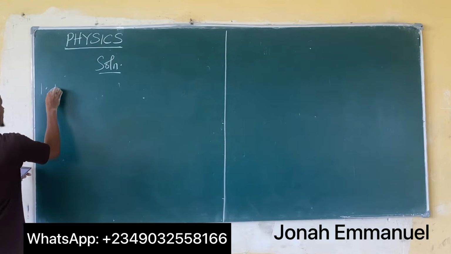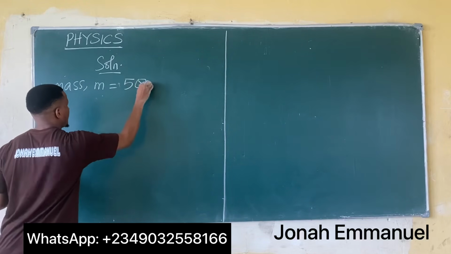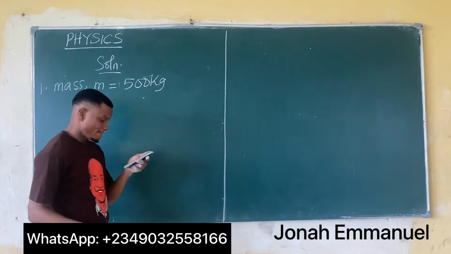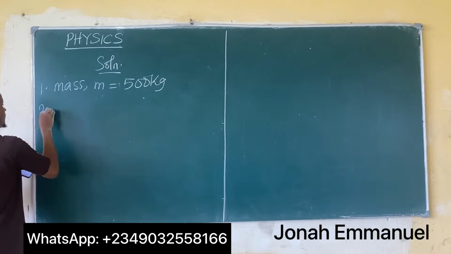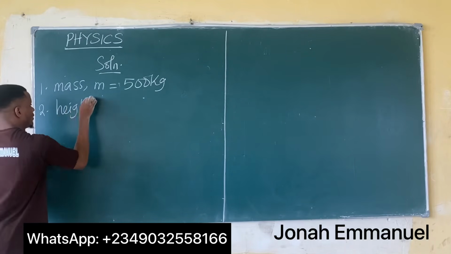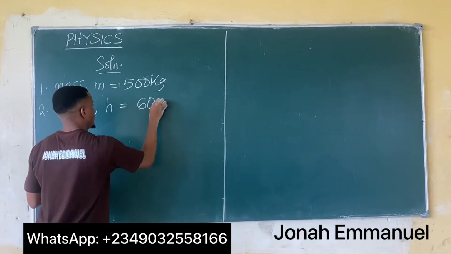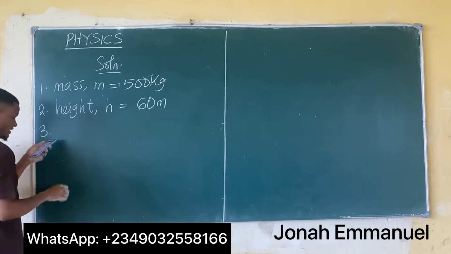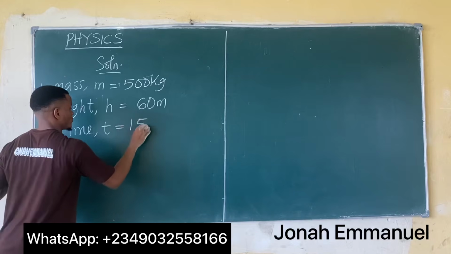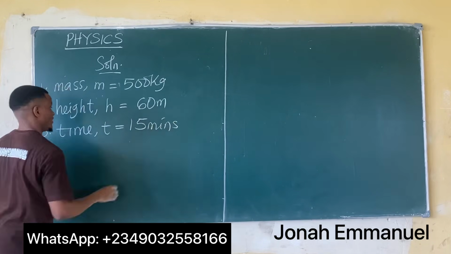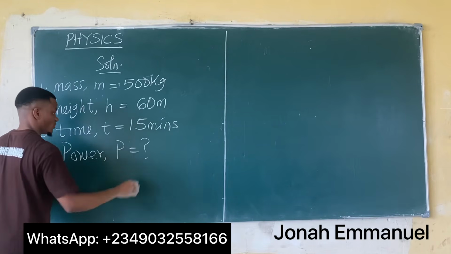Number one, I'm given mass M equal to 500 kilograms. Number two, height H equal to 60 meters. Number three, time T equal to 15 minutes.